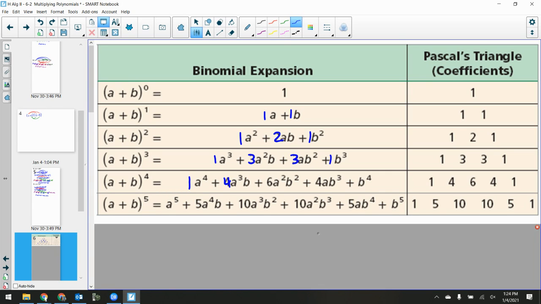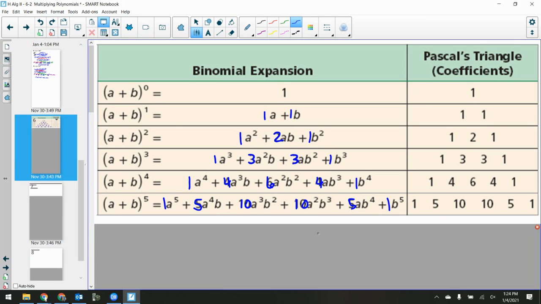A plus b to the fourth. What do you notice about all the coefficients? It's the same as Pascal's triangle. Okay? All of the coefficients end up being the numbers from that row of Pascal's triangle. So this will actually help us in expanding binomials without having to multiply it all out.